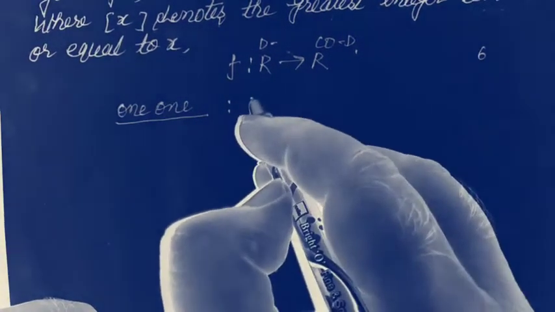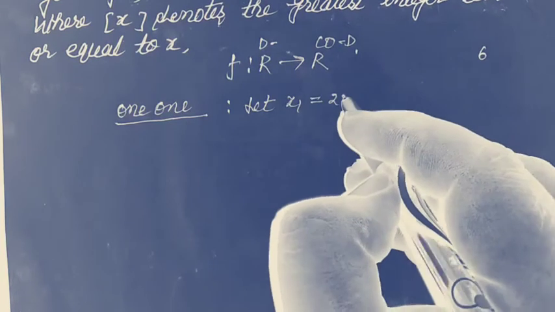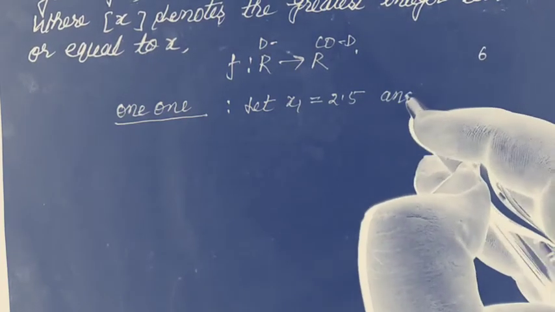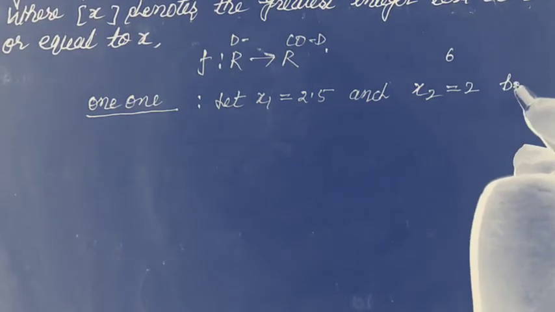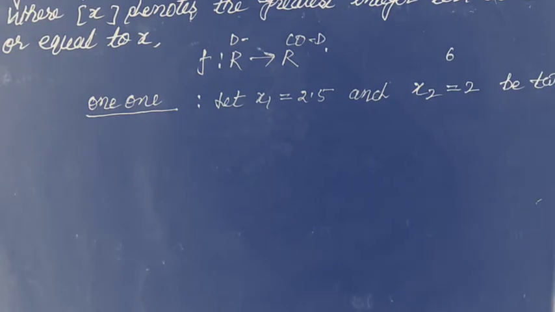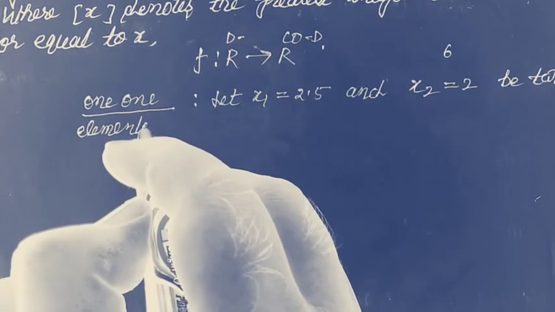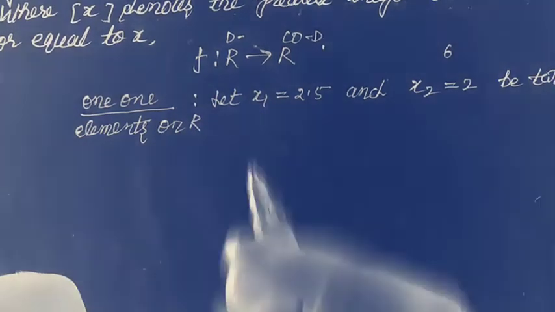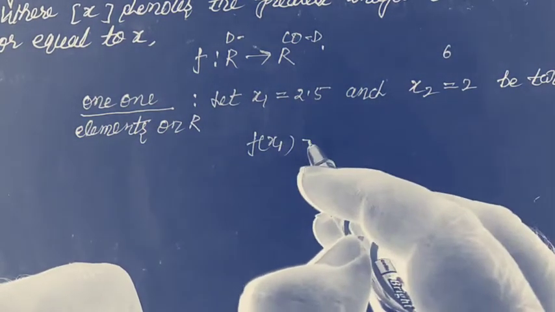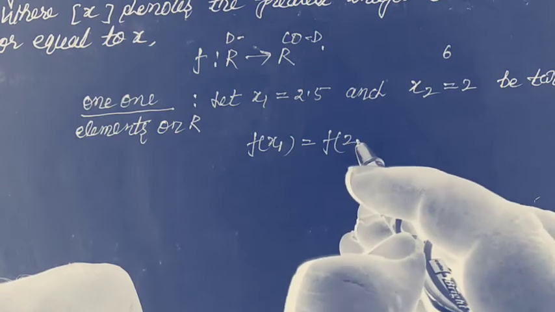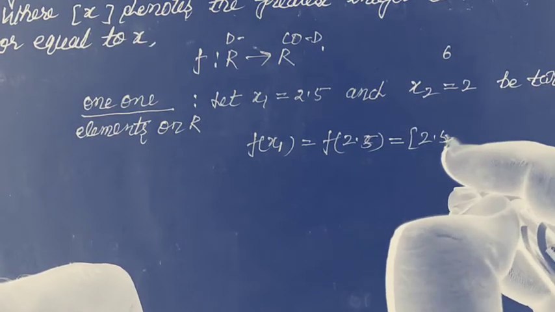For this, let x1 equal 2.5 and x2 equal 2, be two elements of R. So if we put here f(x1), which is [2.5], we will get 2 here.